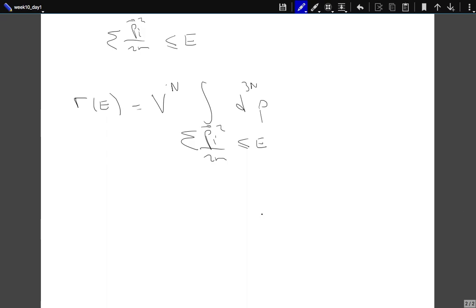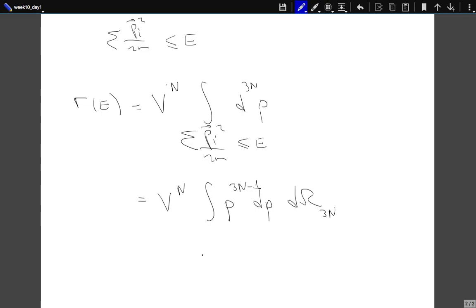Now, of course, if you look at that expression, that is nothing but the volume of a sphere. Instead of using Cartesian coordinates, we can use spherical coordinates. In spherical coordinates, this integral would be just the integral of the radial coordinate, in which case it will be p to the power 3N minus 1 dp, and then the integral over angles.